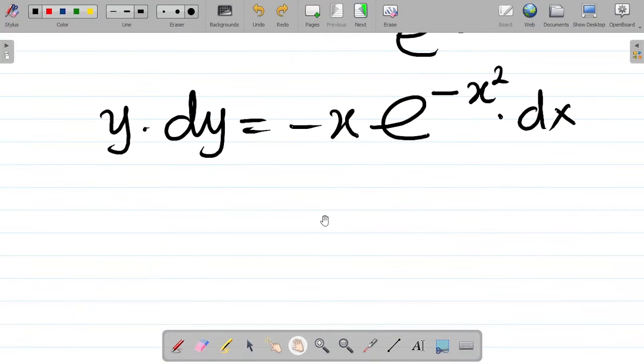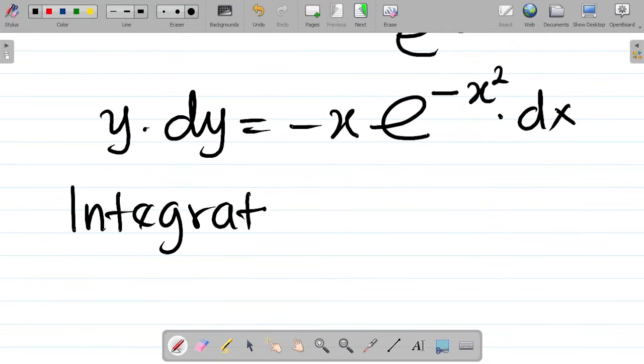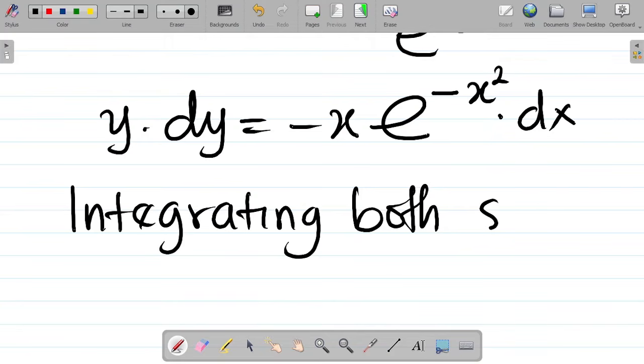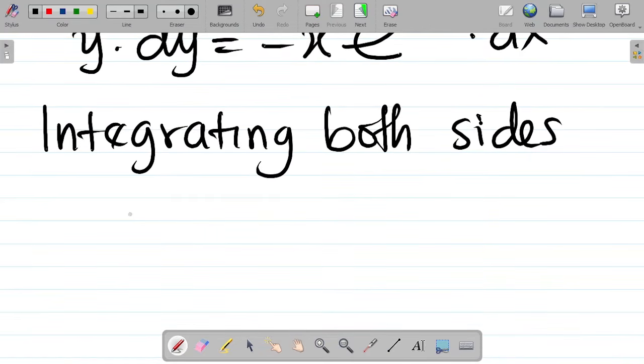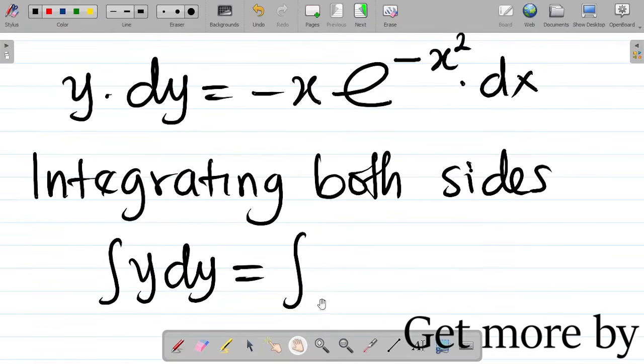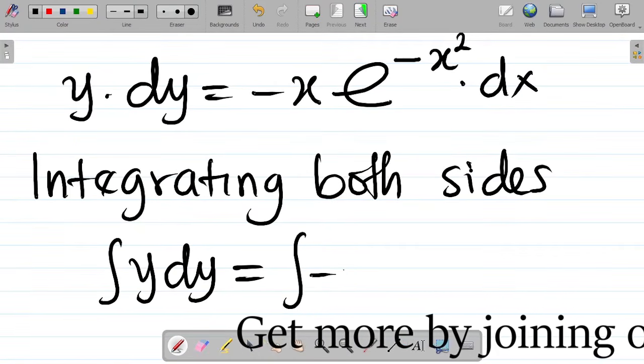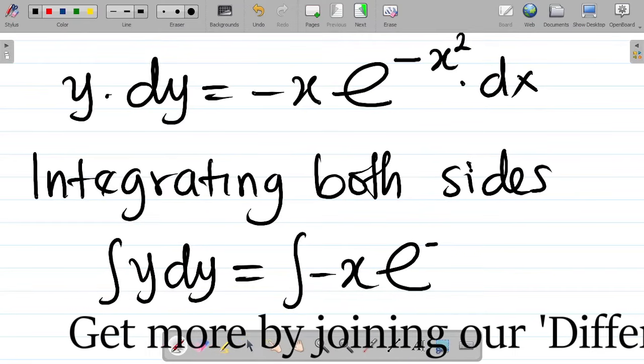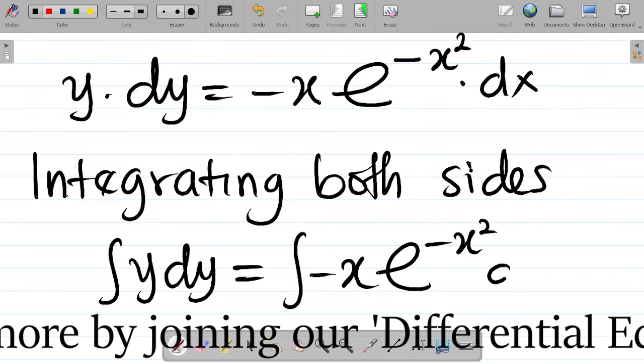Alright, so if I have this, what's the next thing to do? I can now say integrating both sides. If I integrate both sides, I'll have that the integral of y dy is equal to the integral of minus x exponential minus x squared dx.